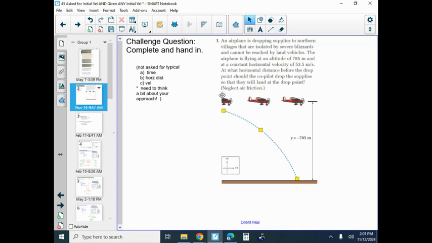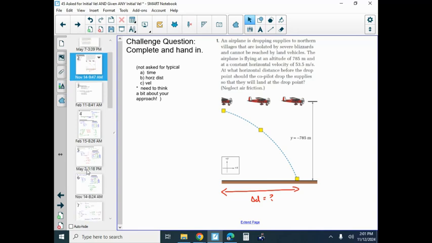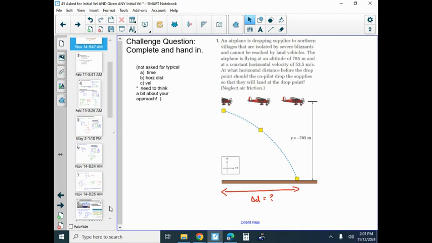The question is how far before the target does the plane need to launch or drop the goods? It's not your traditional one where they gave you the velocity and so on, so it makes it a little bit more challenging, but not too bad. So I'll make a folder for that one to be submitted into.